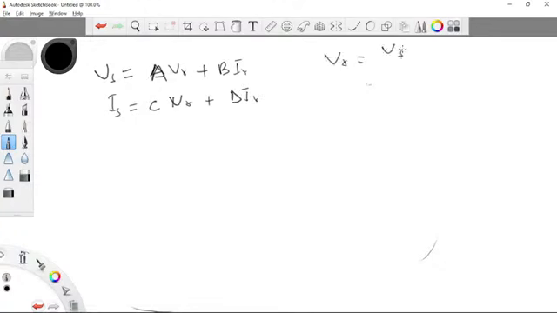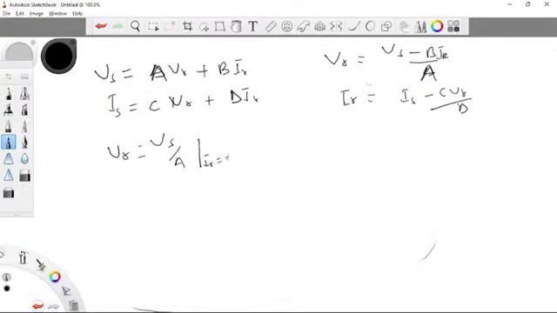So from here, we want our expression for VR. Very simple: Vs minus B IR all over A. We want IR to be IS minus C VR all over D. Or you can also say our VR is equal to Vs over A at IR equal to 0.